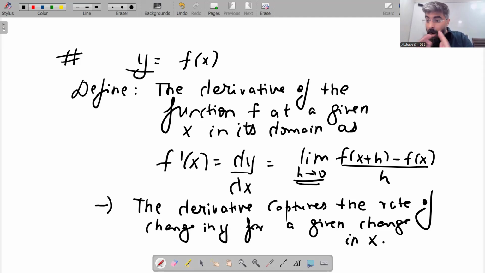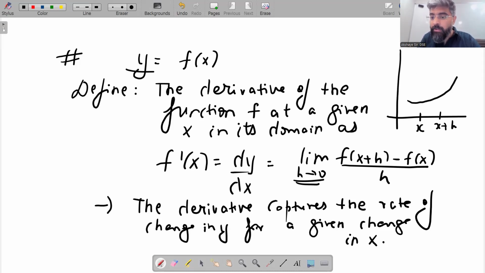It means around x, if I take x plus h. So if I say that x is moving to x plus h, how is the function behaving? Suppose the function, let's say hypothetically looks like this. Let's say this is my function. Now I want to see how the function is behaving when h is tending to 0.